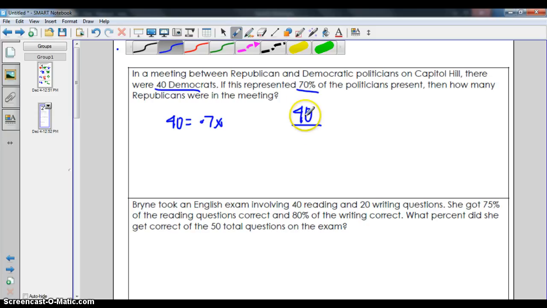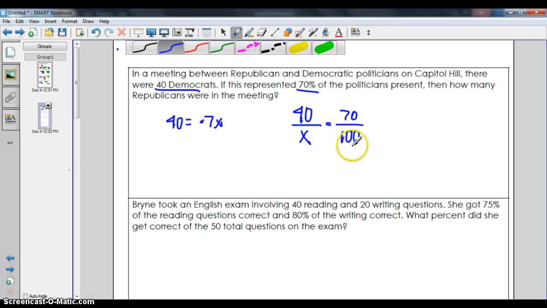So the amount that you have, the "is," and the "of," we don't know, equals your 70 over 100. So kind of like on the last page, you could set it up as percent over 100 equals what you know is, 40 is 70% over the total unknown, and cross multiply. Or you could go this route. Either one is going to get you the correct answer.